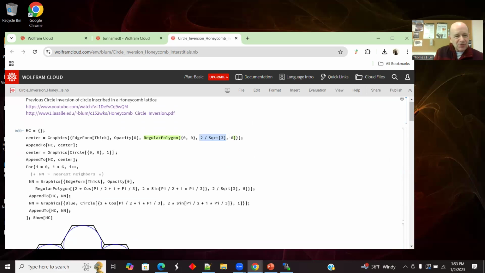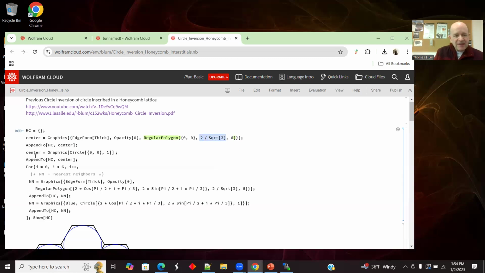So the inscribed circles are unit circles, as we'll see in a minute. There's the circle in the same center with a radius of 1. In Wolfram's notation for the regular polygon, this is the farthest distance. There are 6 sides, it's centered at 0, 0, and this takes me to the corner.